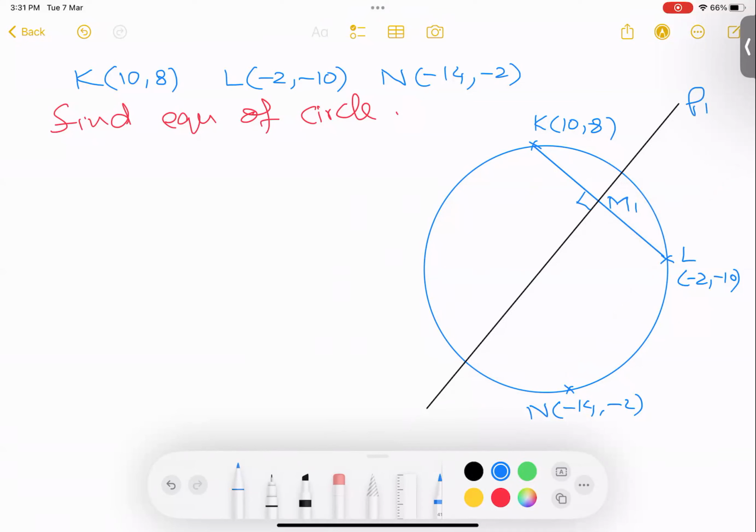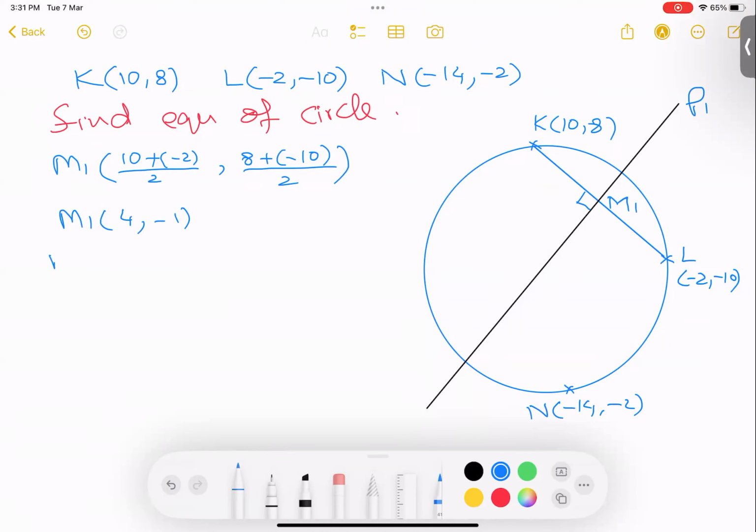So the midpoint formula is not a hard job. I'm writing directly now. You can save your time. 10 plus -2 divided by 2, comma, 8 plus -10 divided by 2. I use K and L, correct. So I got 4, and I got -1. So M1 is (4, -1). Recheck K and L: 8 by 2 is 4, and -2 by -1.